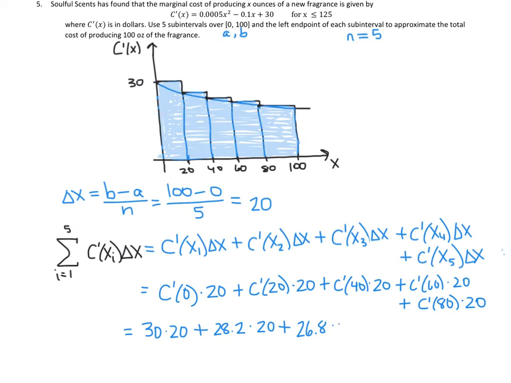And then that's being multiplied by 20 plus, and then c prime of 60, plugging 60 into this function, we get 25.8 times 20. And then the last term there, c prime of 80, plugging 80 into the function, we get 25.2, and that's being multiplied by 20.